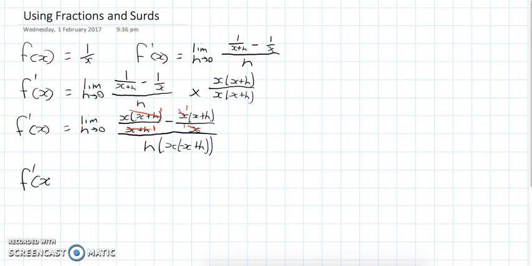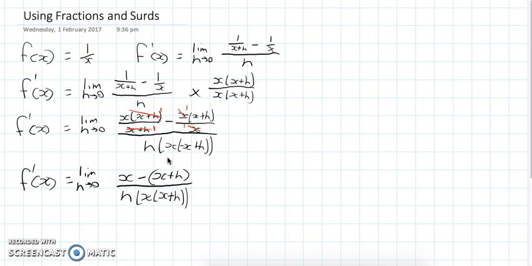F of x, limit h tends towards 0. We're going to have up the top here x minus x plus h divided by h times x times x plus h.